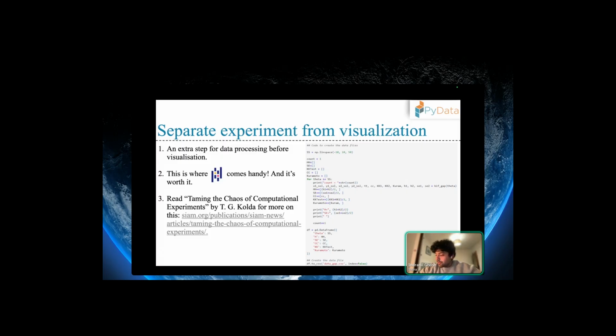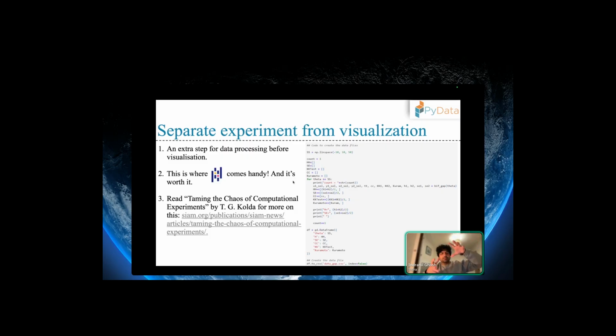Now there's a particular PSA that I want to share with you that I quite like. When running this simulation and processing this data, you need an extra step before you visualize the data, and that's where pandas comes in handy. It might seem like a bit of a waste of time to start with, but it is not, because you should always try to separate the experiments and simulations from the visualization.